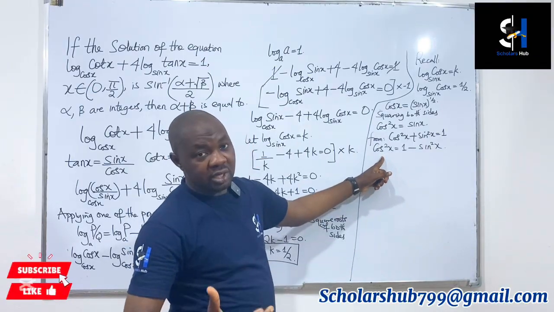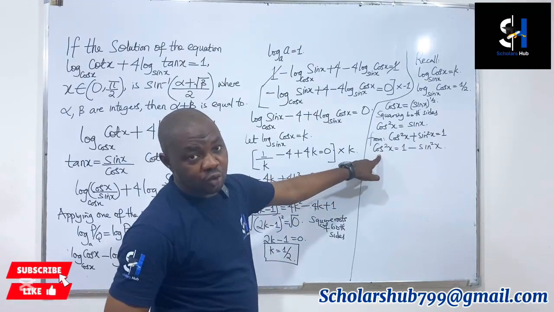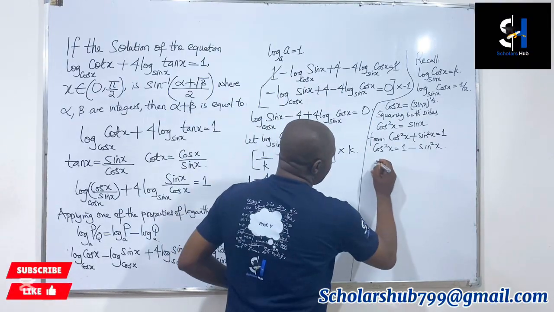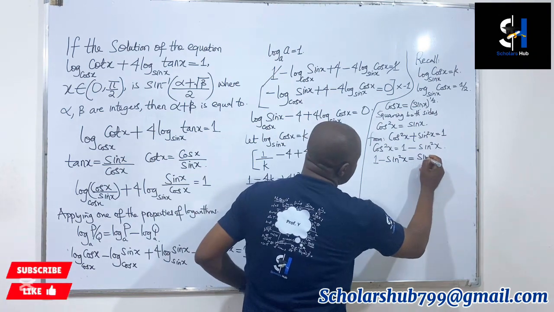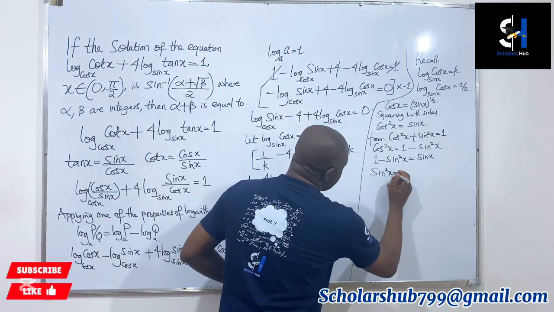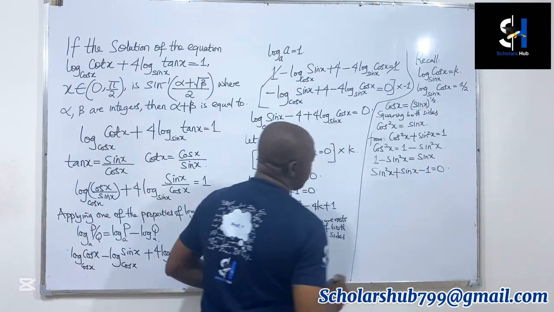So we have 1 minus sine squared x equals sine x. Let me rearrange this. This becomes sine squared x plus sine x minus 1 equals 0.